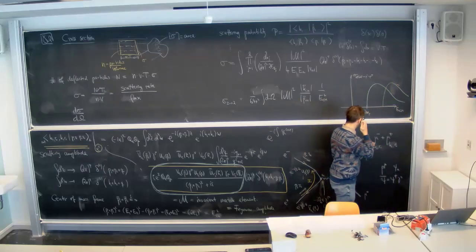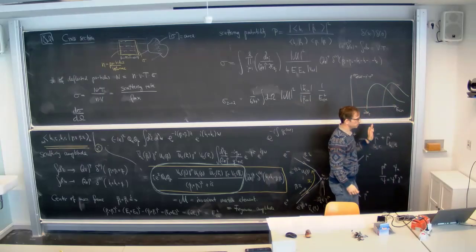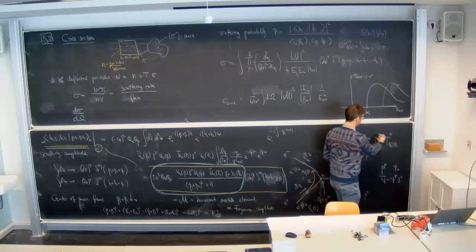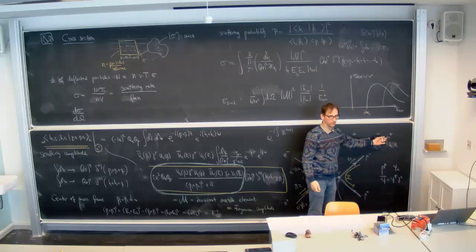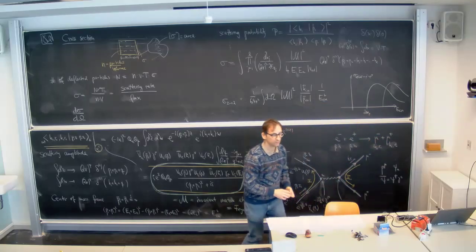So every time there's a new particle that can be produced here, a particle with its antiparticle friend, you'll see this in the cross section.